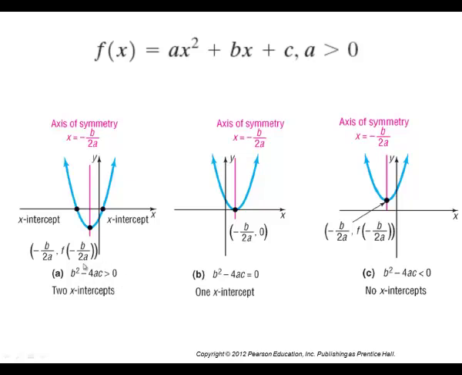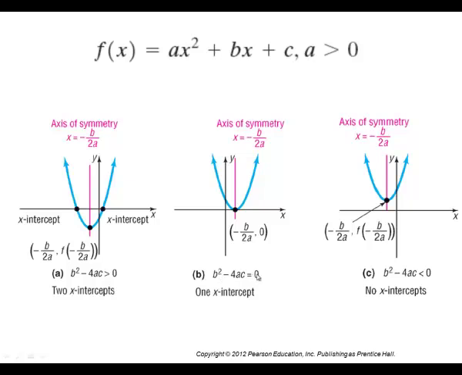So we're using what's called the discriminant, the b squared minus 4ac. When you put this parabola into the discriminant and you get a positive number, then you know you've got two intercepts.